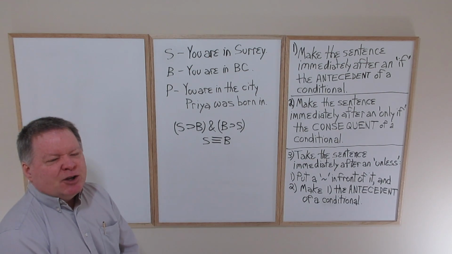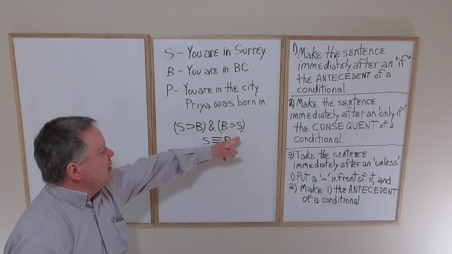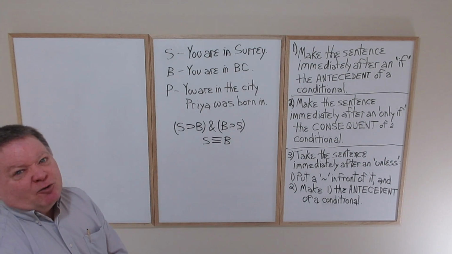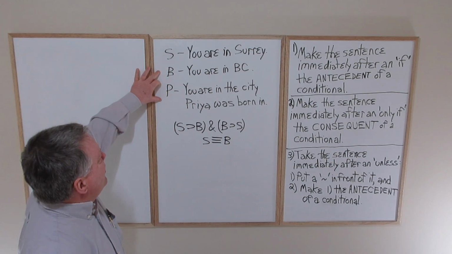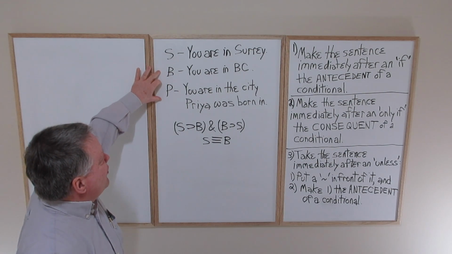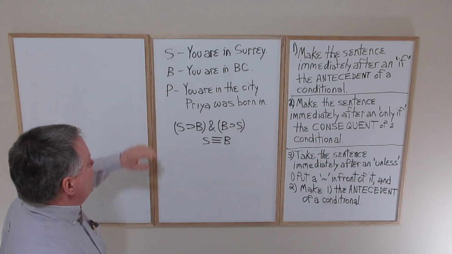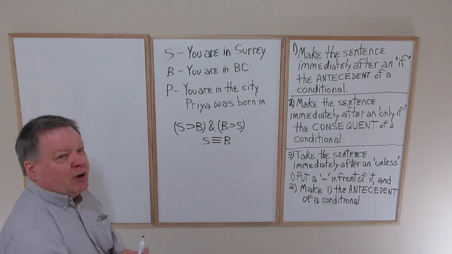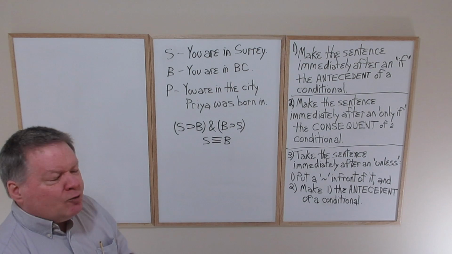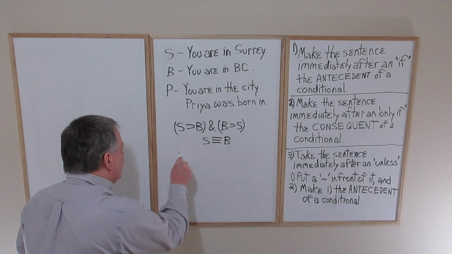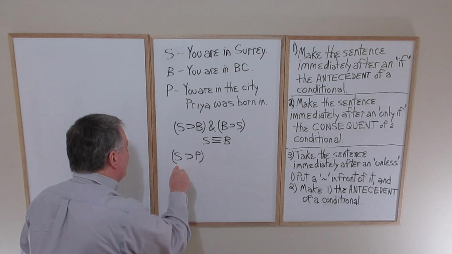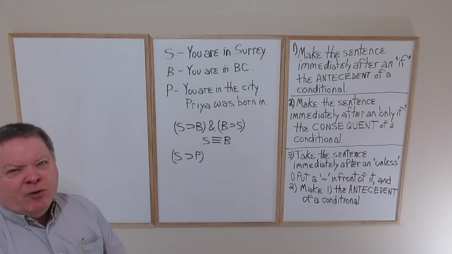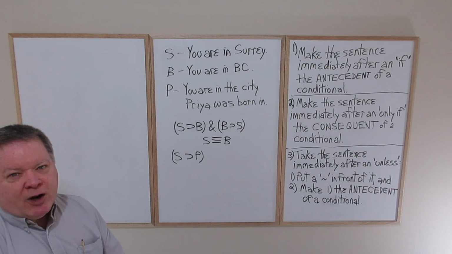And generally, this is the situation. If one conditional is true, the mirror image of it is probably not. On the other hand, though, there are instances of this somewhat unusual situation. So, given that Priya was born in Surrey, it's true that if you're in Surrey, then you're in the city Priya was born in.